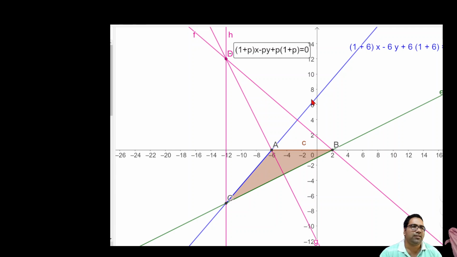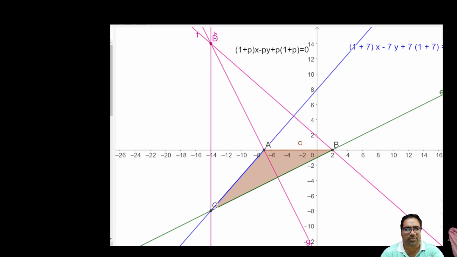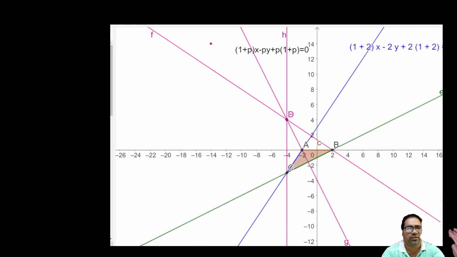So this blue line is the equation (1 + p)x − py + p(1 + p) = 0 when p is 6. The x-intercept is −6, the y-intercept is p + 1, that is 7. Similarly, when p is 7, this line will move like this: x-intercept −7, y-intercept 8. When p is 2, x-intercept is −2, y-intercept is 3.